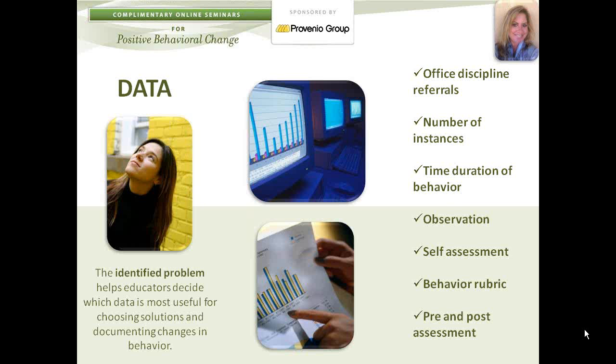Sometimes it's a time segment. Sometimes it's just an observation that you've seen things. Sometimes it's a formal assessment or a rubric of some kind, or office discipline referrals. So we have many different types of data. So understanding what kind of data to use for what is probably the most challenging part of behavior intervention.